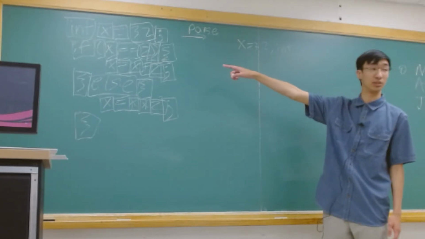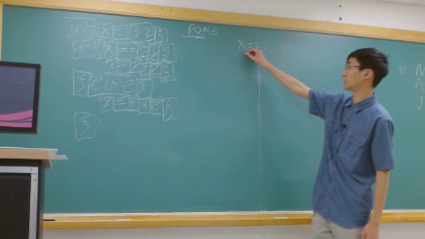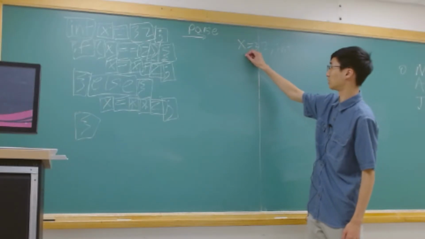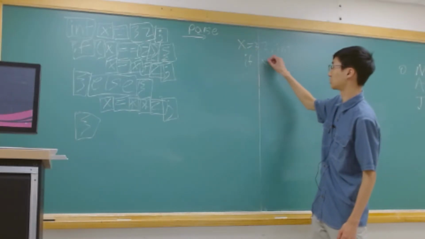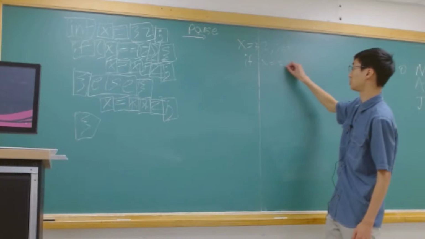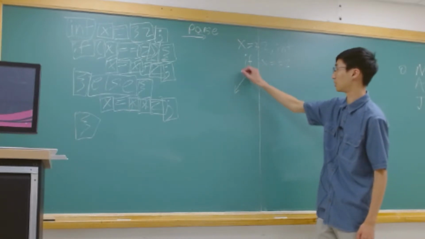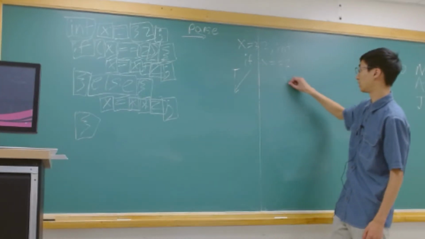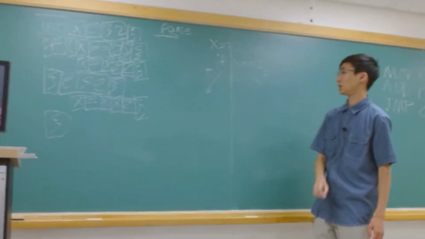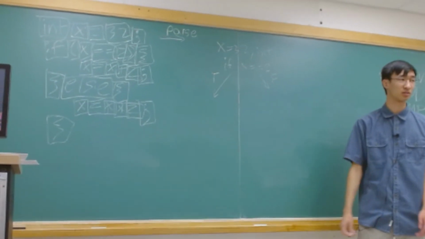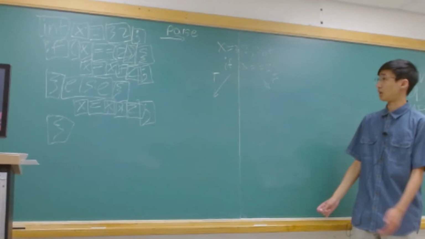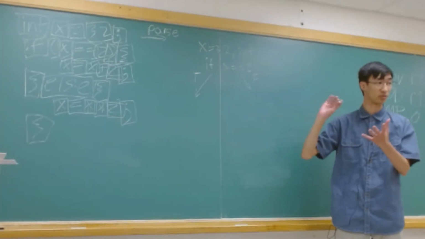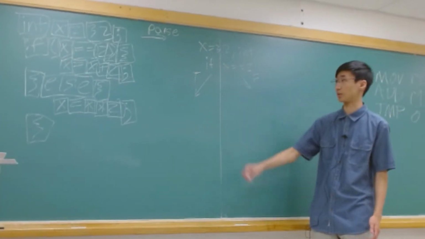But the next thing actually does have a branch, so we'll say if x equals 2, then we branch, and we'll have a true, and we'll have a false. If you didn't have an else, you could maybe format your syntax tree in a different way, but we do have an else, so we'll handle that.